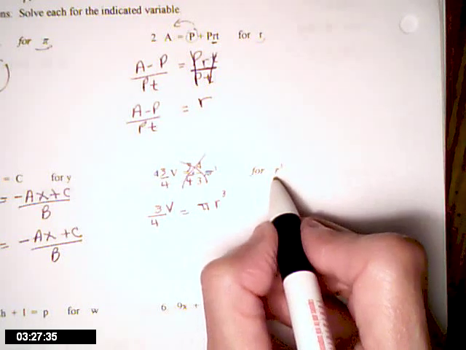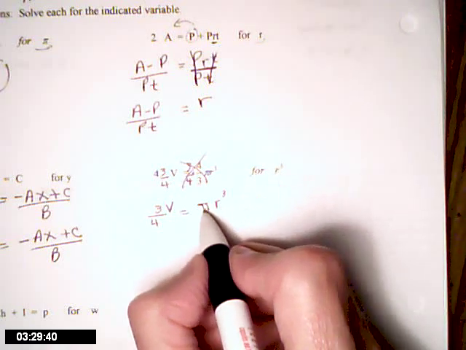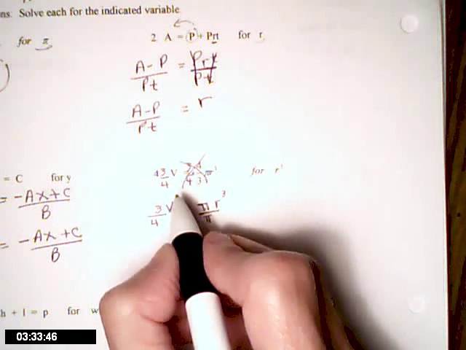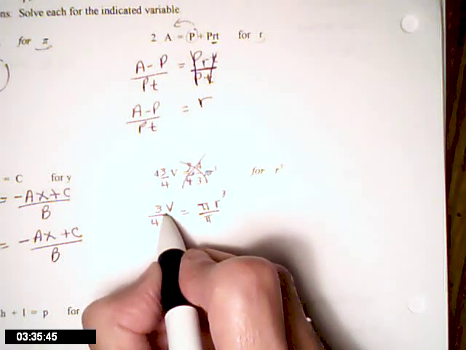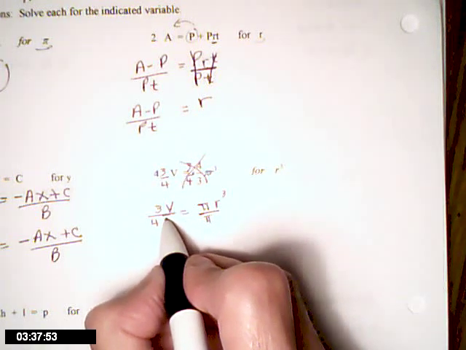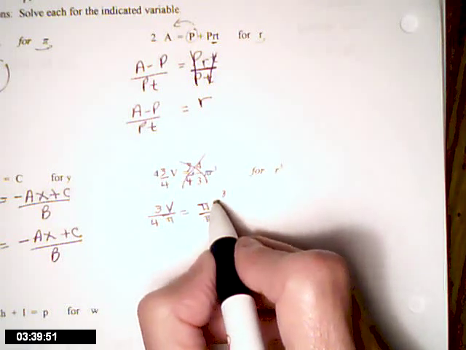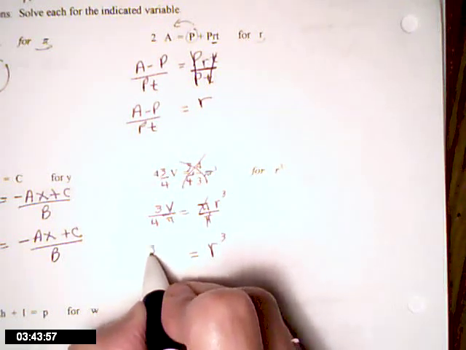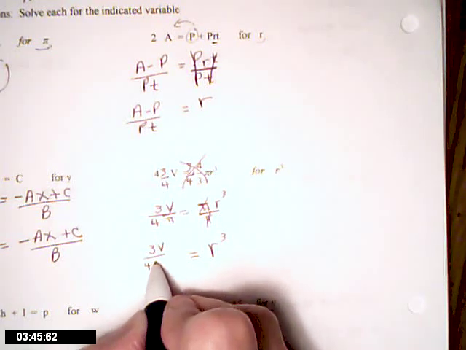Now I need to divide to get rid of the pi. So if I divide the right side by pi, I'm going to divide the left side by pi. And really what I'm doing is dividing this V by pi. So now I'll have r cubed equals 3V over 4 pi.